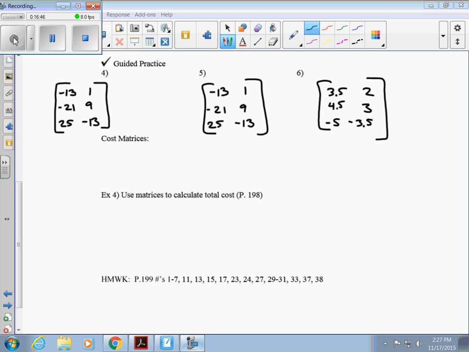So the next thing we're going to talk about is the cost matrix. Matrix multiplication is useful in business applications because an inventory matrix, when multiplied by a cost per item matrix, results in the total cost matrix. So we're going to look at the inventory matrix, and we're going to multiply this by the cost per item matrix.